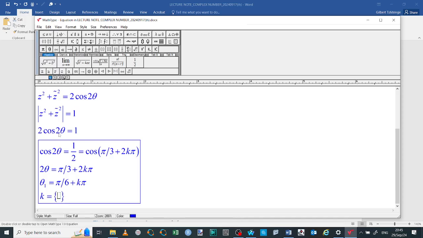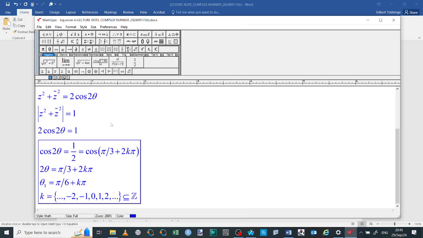Let me enumerate the set anyway: negative numbers, starting from minus 2, minus 1, 0, 1, 2, and so on until the biggest integer value. I can see that this is a subset of Z, or it can be equal to Z. That's one of the possibilities.